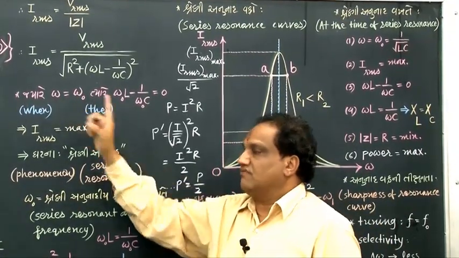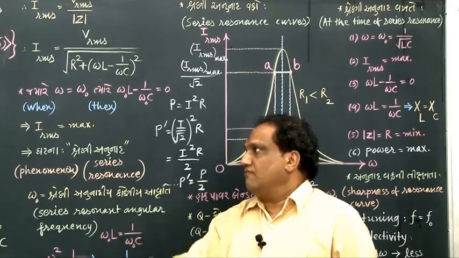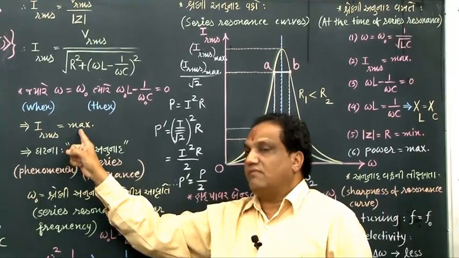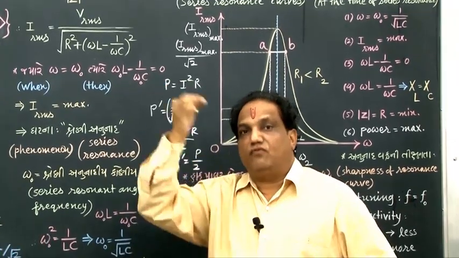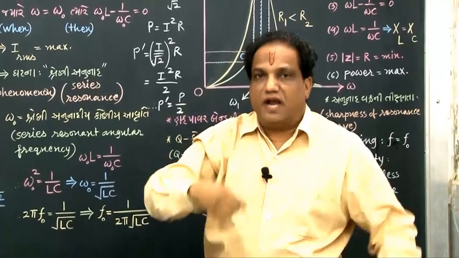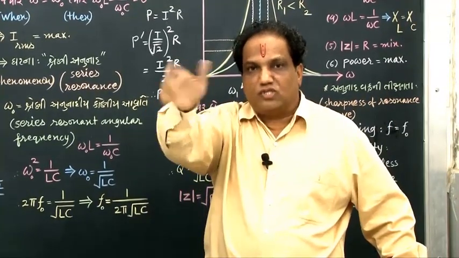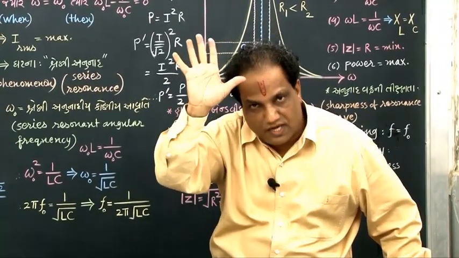When those two frequencies become equal, the current passing through the circuit becomes maximum. If maximum current passes in the radio circuit, it will give you very loud and clear sound. At that time we say the tuning is over. Okay.